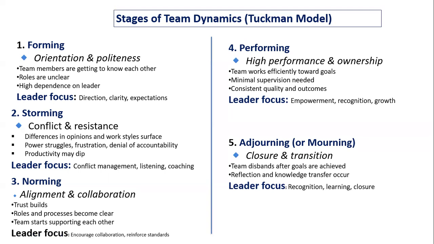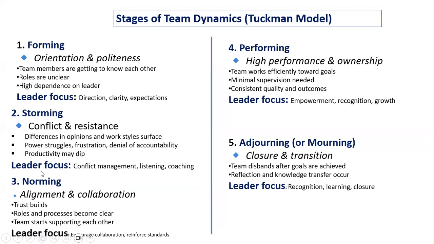That kind of difficult conversation will happen, and they will not take the responsibility, they will not take the accountability, and productivity may go down, right? This is the stage called storming. The same team that gave you better visibility to the management is going to give the wrong impression to your management about your team.